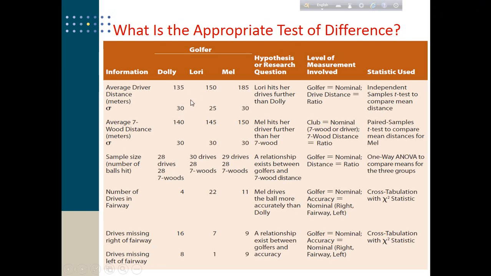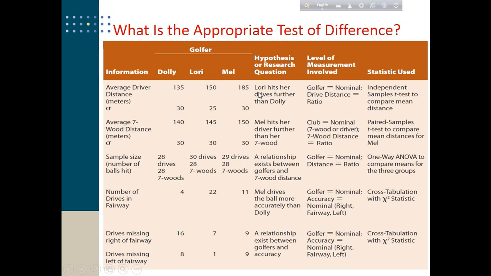This example is taken from your textbook. The first information that we have is average driver distance. There are 3 golfers, Dolly, Laurie, and Mel, and these are the average distances of their drives. 135 is the average drive distance of Dolly, 150 is the average distance of Laurie, and 185 is the average distance of Mel.